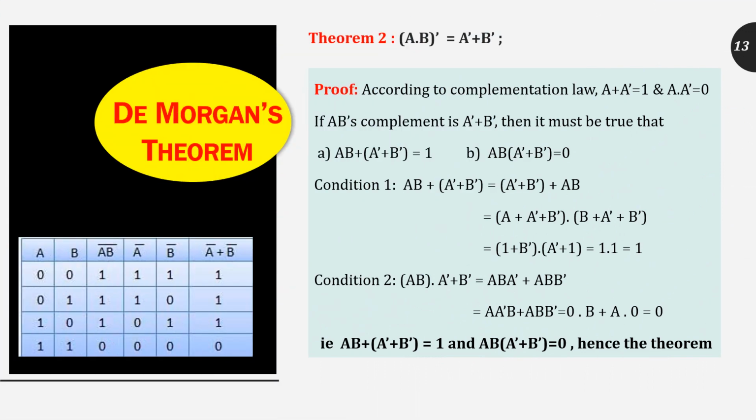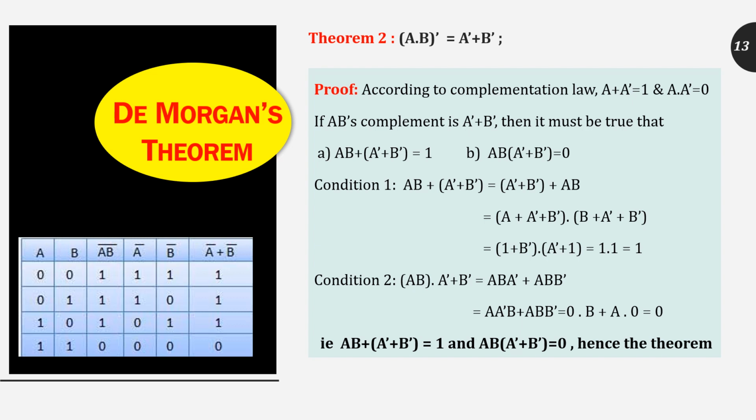To prove De Morgan's second theorem, we can make use of either the truth table method or the algebraic method. If you are using the truth table method, first we need to find out the truth table values for the left hand side as well as for the right hand side.